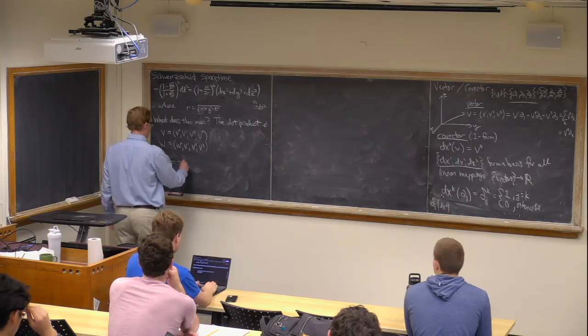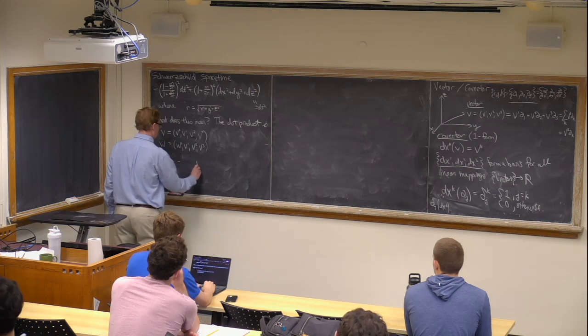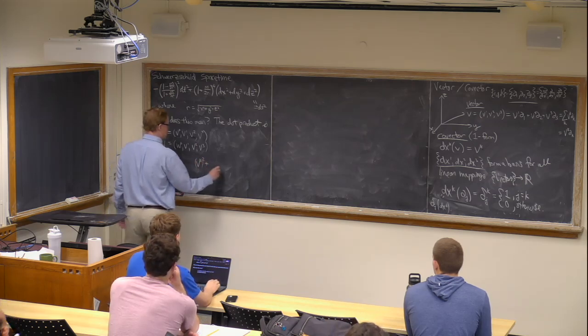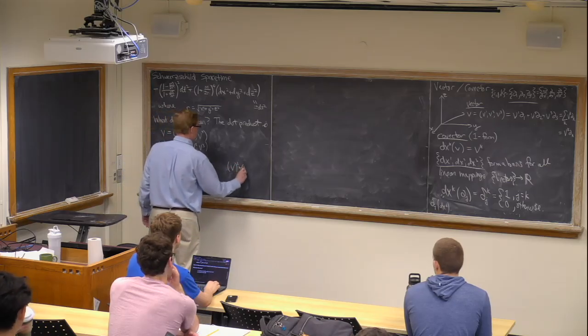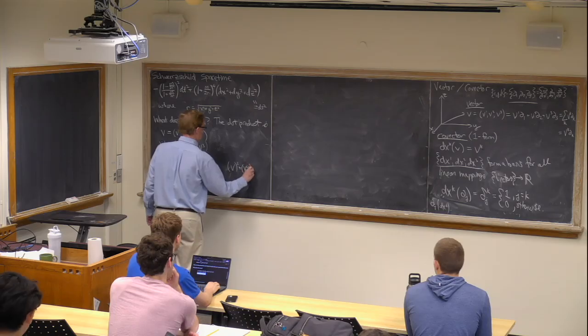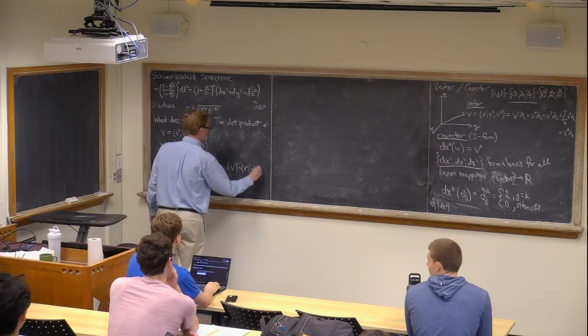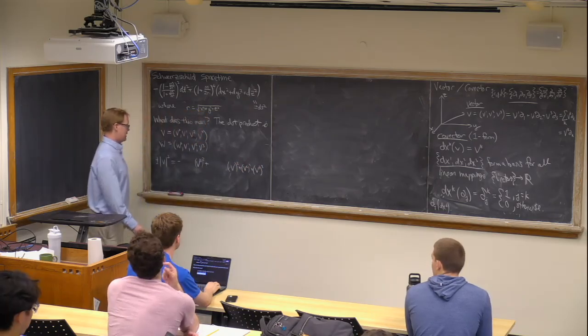Remember, it was negative v0 squared plus, and then leave some space there, v1 squared plus v2 squared plus v3 squared. Right, that was the Minkowski dot product.